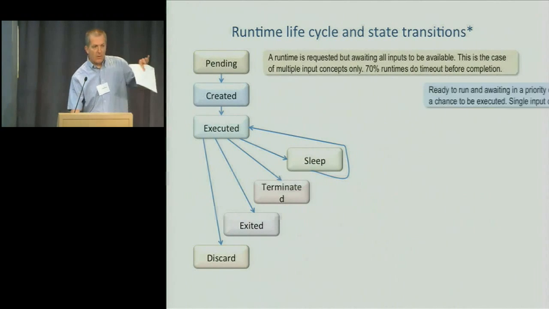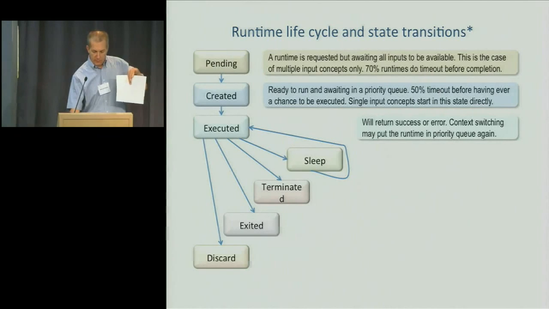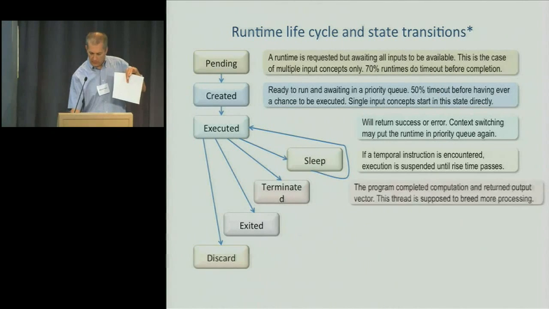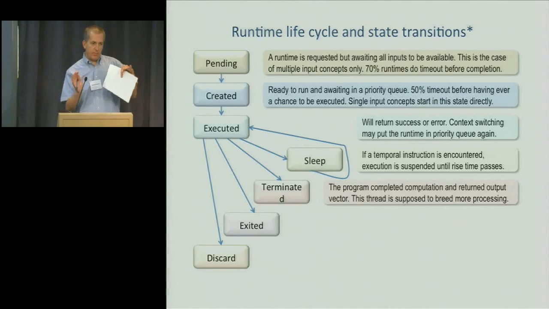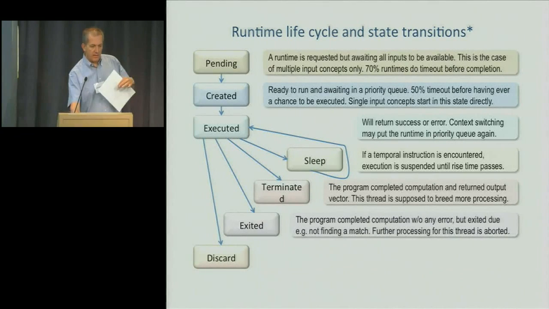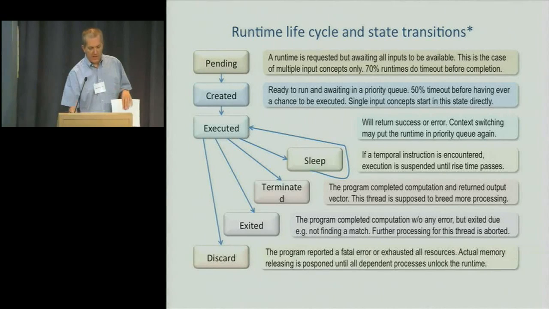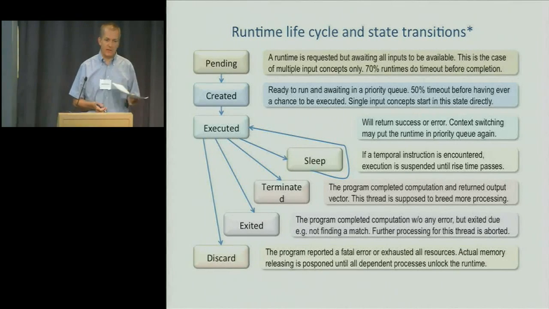A runtime passes through stages of its execution. It's first in pending state, then it goes to a queue, waiting for execution. When it is executed, after it finishes, it may end in either terminated or exited state, which are successful states, or discarded. Discarded is, for instance, running out of resources, an infinite loop, or executing an illegal instruction like out of memory.